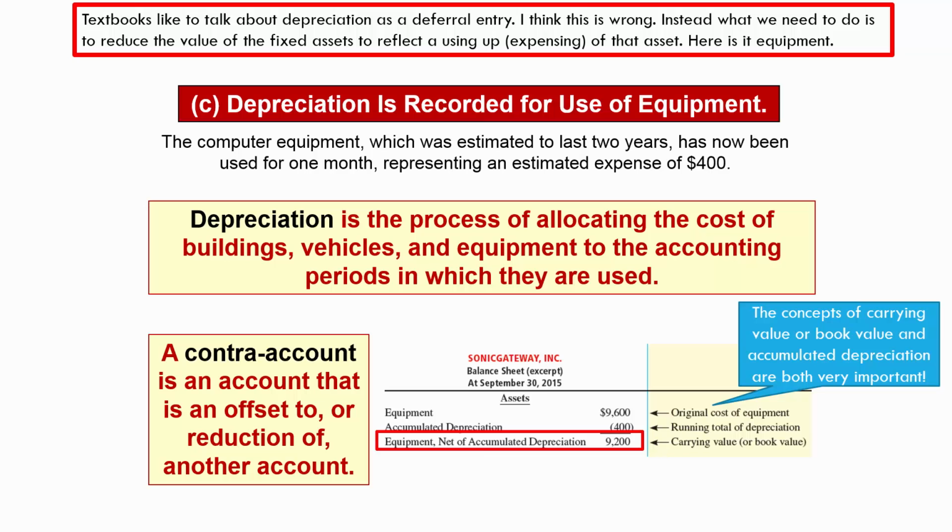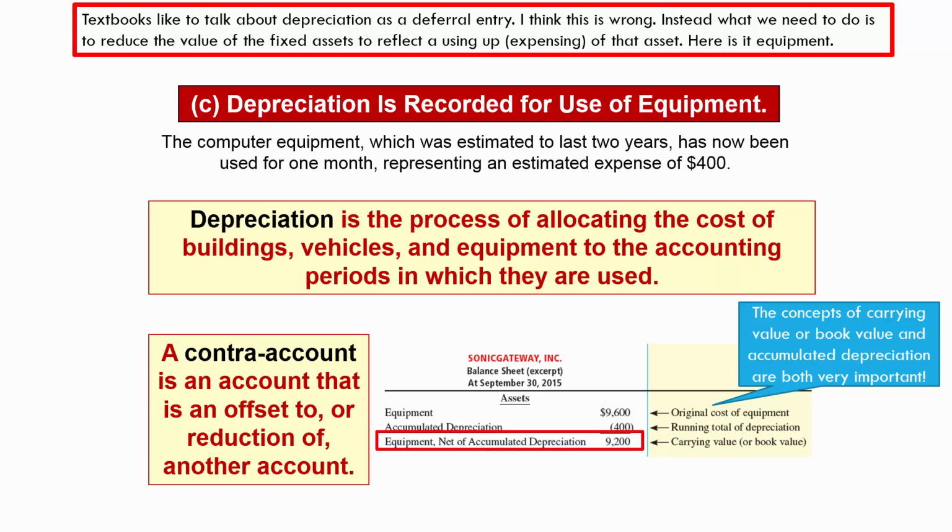So these two offset. Now, if we had done this expensing of asset like we did when we were talking about prepaid rent, for example, then we would not have had this accumulated depreciation. We would have just credited the equipment account and then debited an expense.